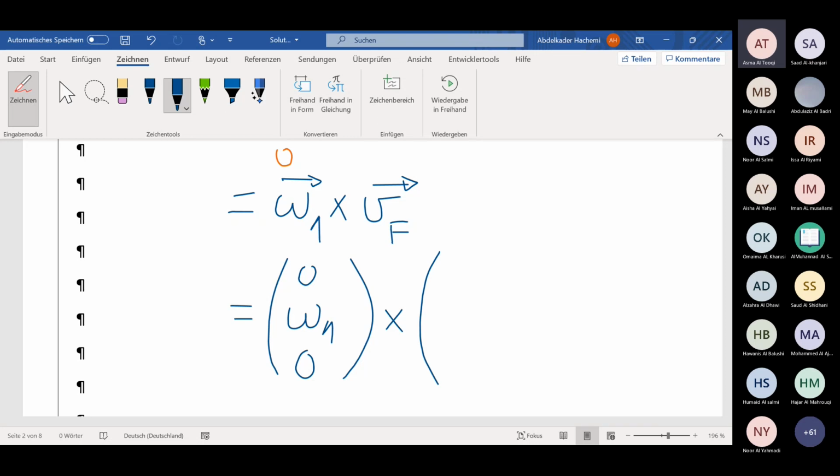Then we found that it's 0, 0, and minus omega 1 times L plus R cosine alpha.